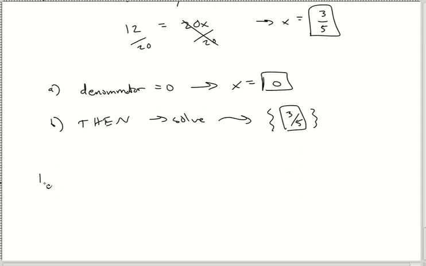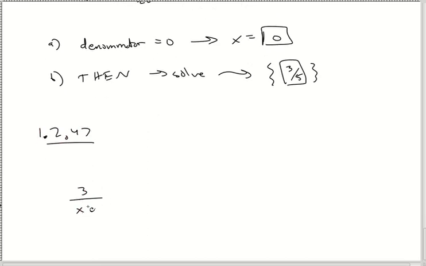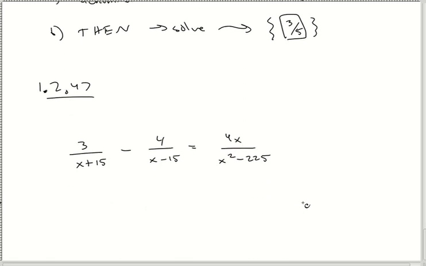Okay. 1, 2, 47. So I got 3 over x plus 15 minus 4 times x minus 15 is equal to 4x over x squared minus 225. So what would cancel everything here?